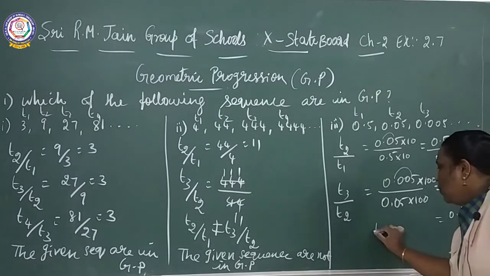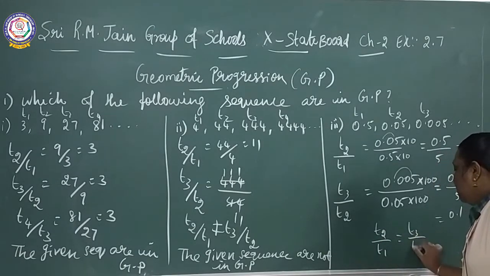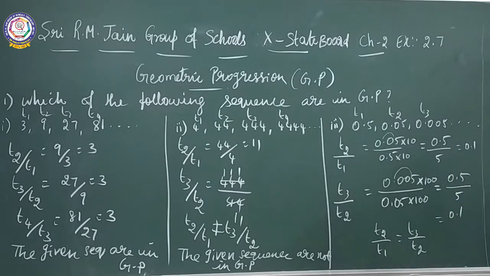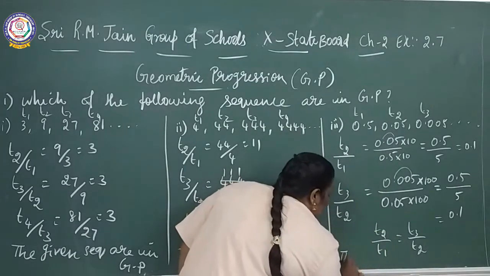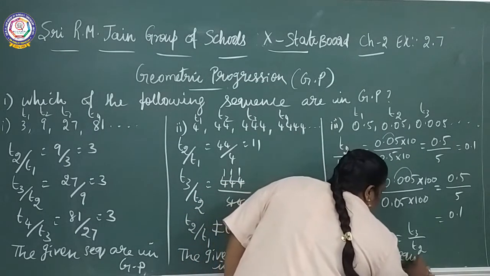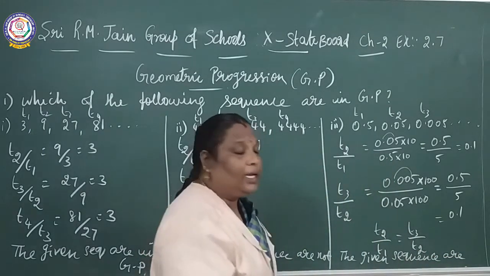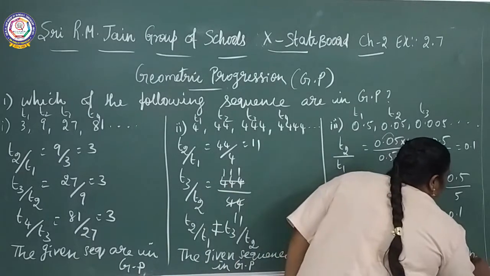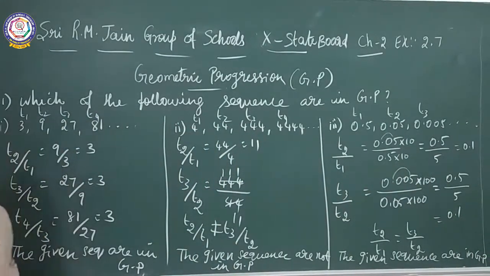So T2 by T1 equals T3 by T2. The ratios are the same. If the ratios are the same, the given sequence is in GP. Is it clear, children?